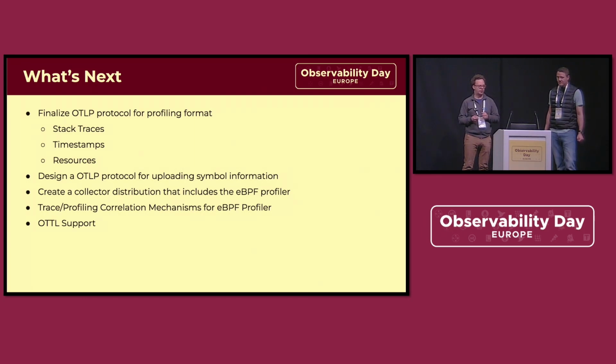And we also need to build better profiling correlations between traces and profiles, so that you can get profiling information and go straight away to a trace that is linked to that profile data.